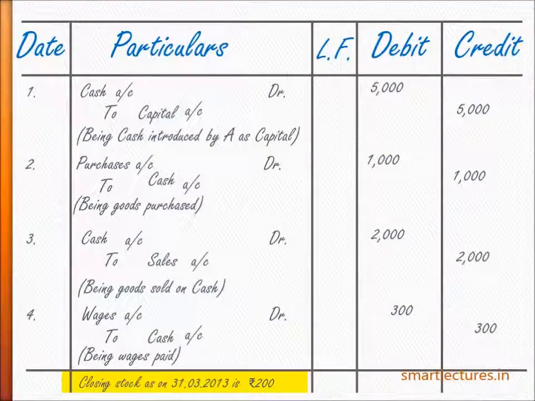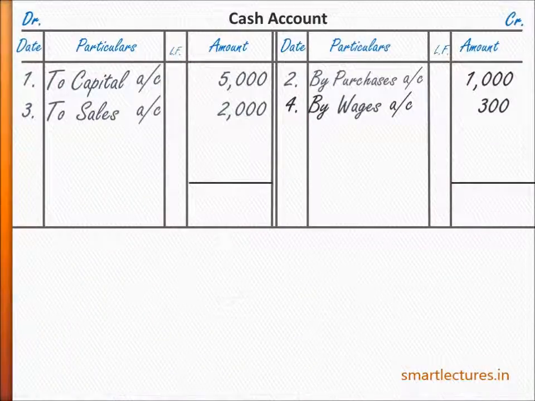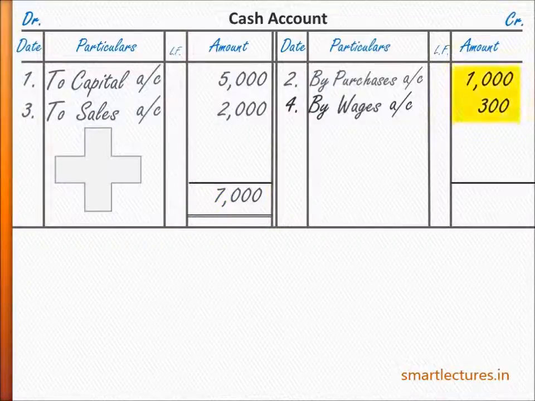Now what we have to do? We have to start calculating closing balances of each and every account. Let's come to cash count. On the debit side, the total is 7,000, but on the credit side, the total is only 1,300.